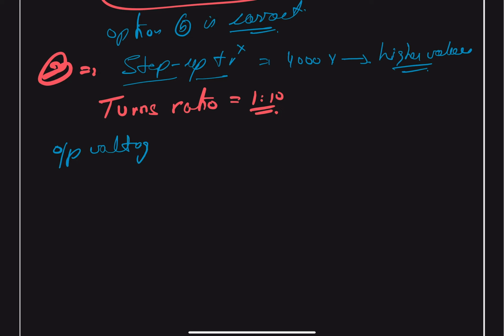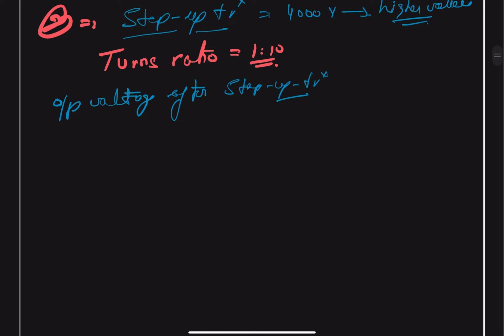Therefore, we can find out the output voltage, which we can also call the secondary voltage after the step up transformer. Let us call that V2.